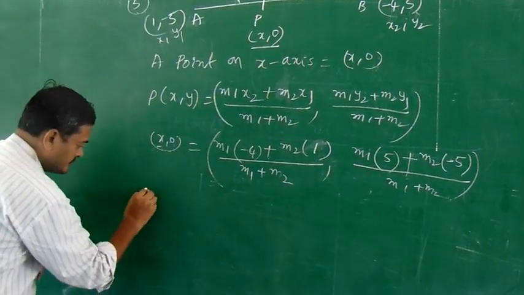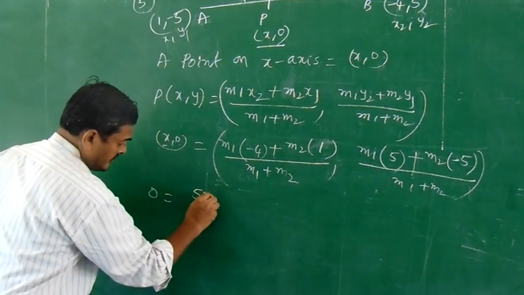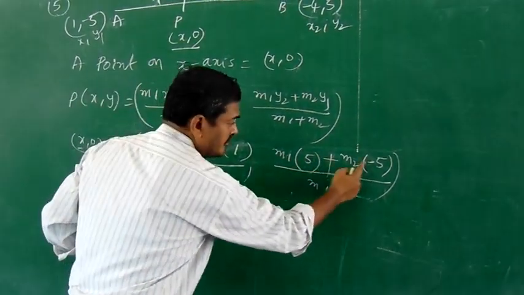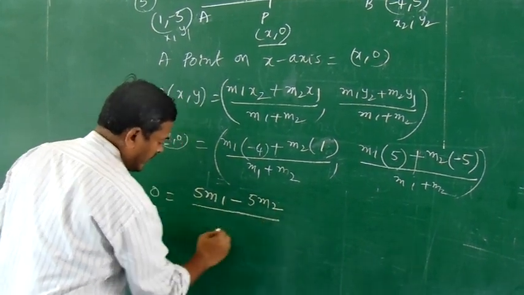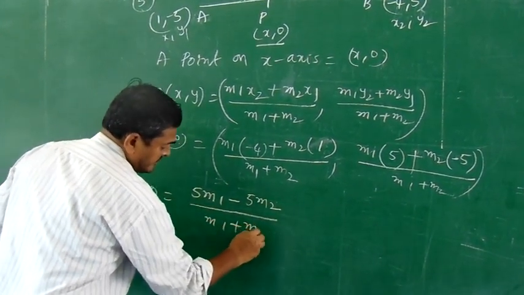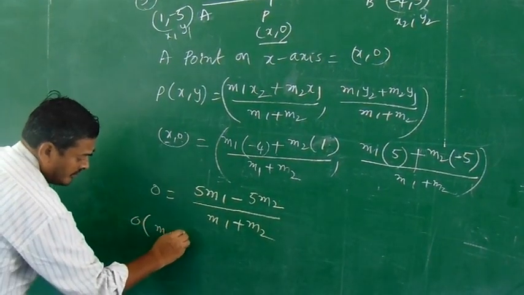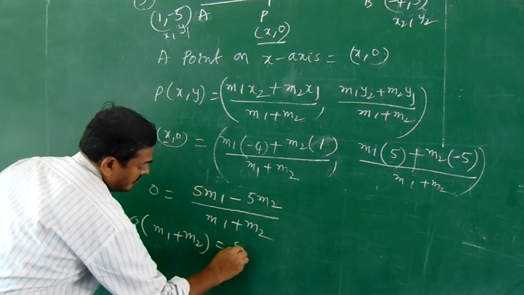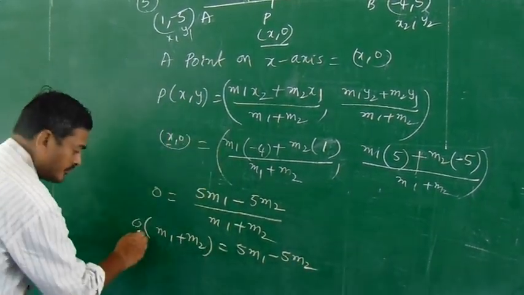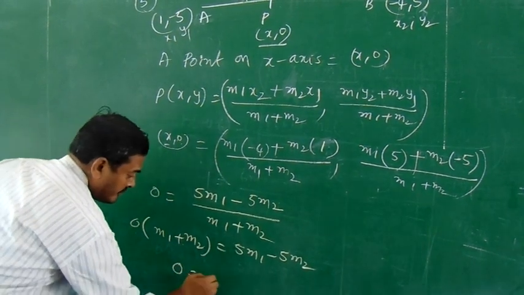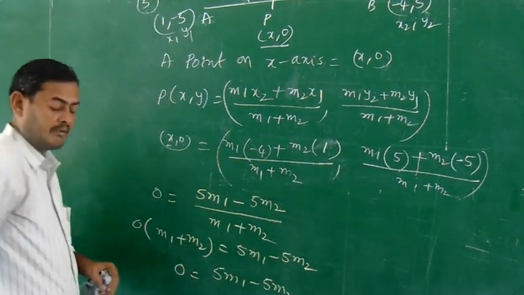So here 0 equals (5m1 minus 5m2) by (m1 plus m2). Now, sending it to this side, 0 into (m1 plus m2) equals 5m1 minus 5m2. So 0 equals 5m1 minus 5m2.